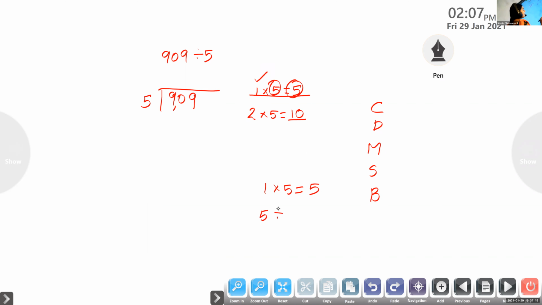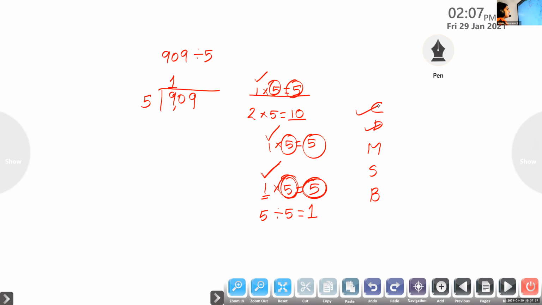From this, 5 divided by 5 is equal to, my dear, what is remaining? 5 divided by 5 is equal to 1. 1 into 5 means 5, so 5 divided by 5 is equal to 1. Have you understood? Yes. So 1 is the quotient that we can write on the top. So division over.